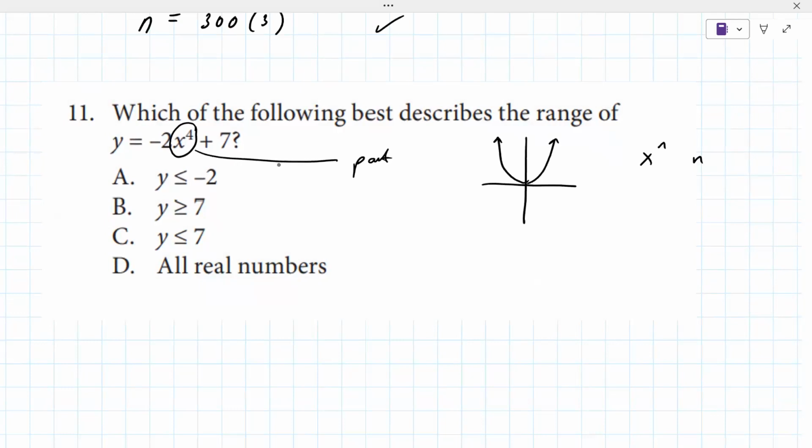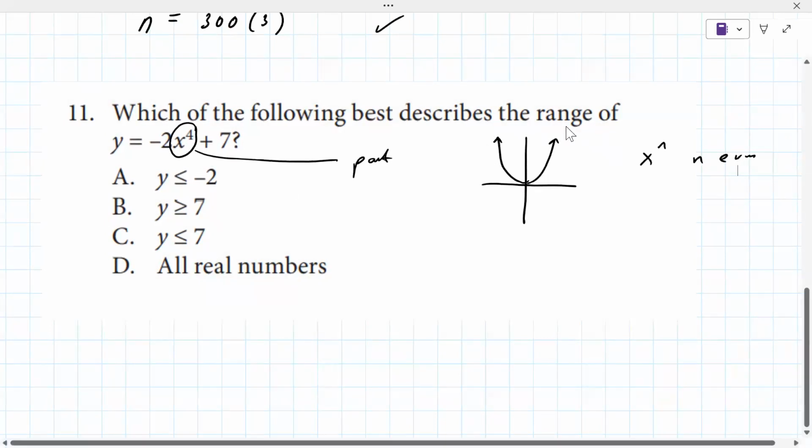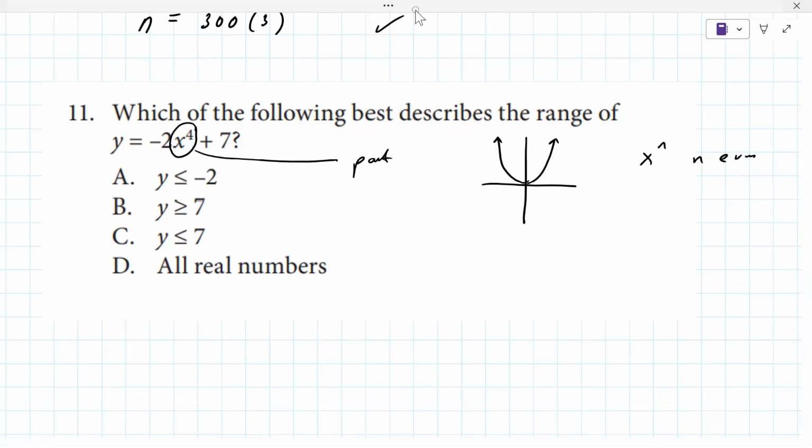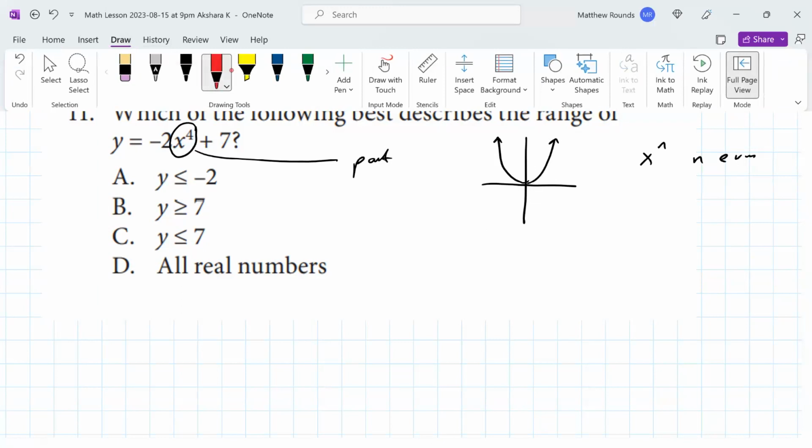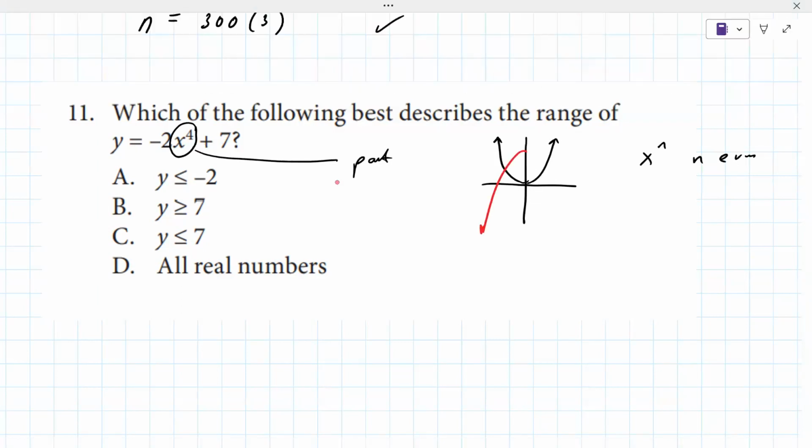X to the n, where n is even, always has this sort of shape when there's only that one term. But then you need to know what the other stuff does. Well, the negative flips it, and the +7 jumps it up. So it ends up looking like this.